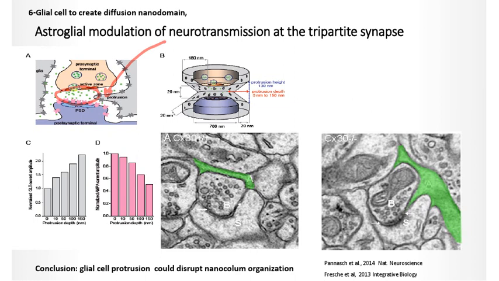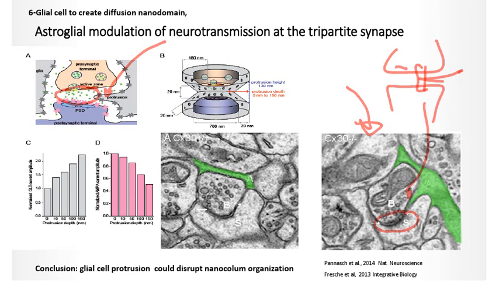And under some specific conditions, when they do penetrate, as we can see here in this connexin 30 knockout, you see the penetration of the glial protrusion inside the cleft here. So this could, for example, affect the nanocolumn. When you have this penetration, the nanocolumn could be disrupted, and this could disrupt this specific communication between these pre and post nanodomains.